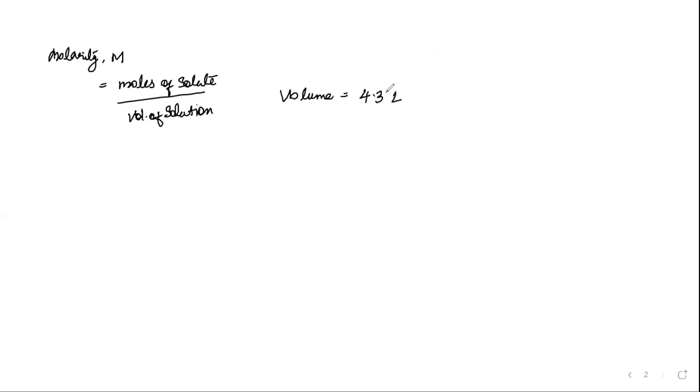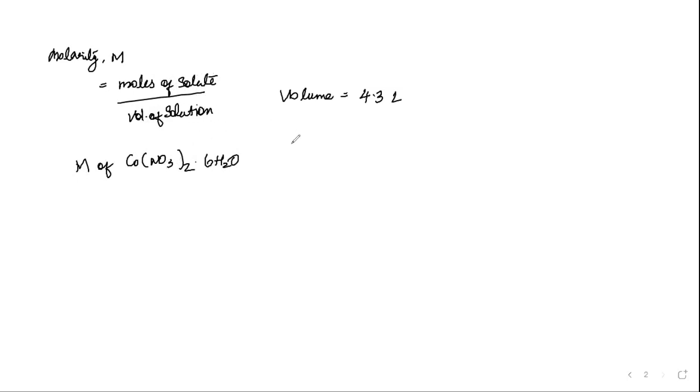We have to find out the molarity of cobalt nitrate, Co(NO3)2.6H2O, isn't it the chemical formula? For that, we have to find out the number of moles of solute first. The number of moles is not given in the question.